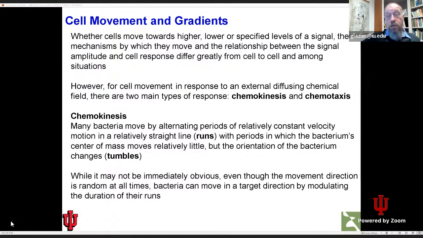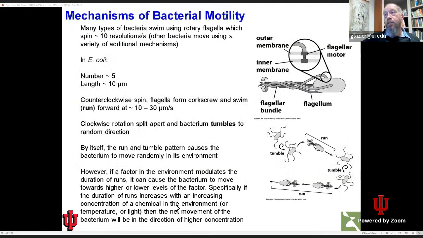And those straight line movements, or quasi-straight line movements, are called runs, and the reorientation is called a tumble. And it may not be immediately obvious that random movement can actually get you up a gradient, but it can. Again, because you change the time you spend in your run, depending on whether the situation is getting favorable or not. And the bacteria have a rather complicated set of signal integrators that determine the duration of runs versus tumbles.